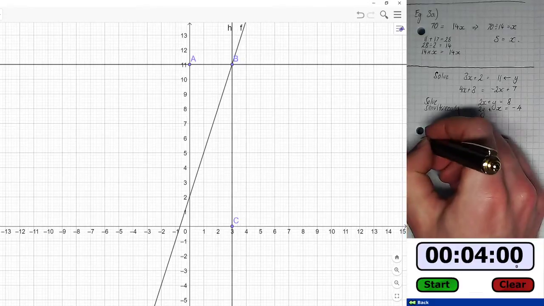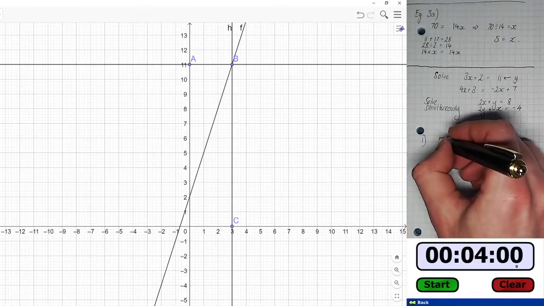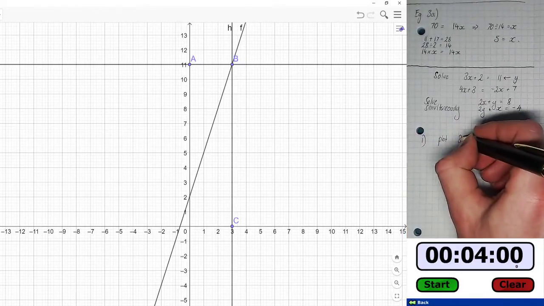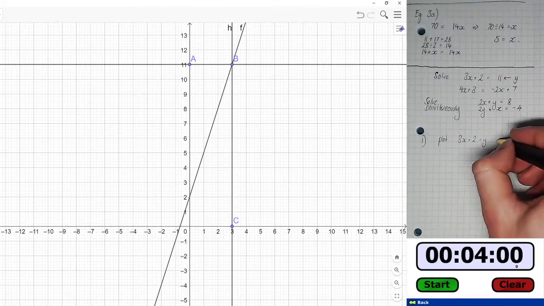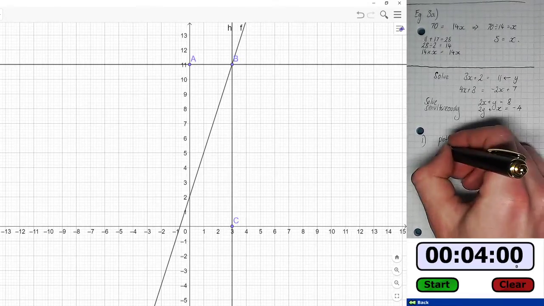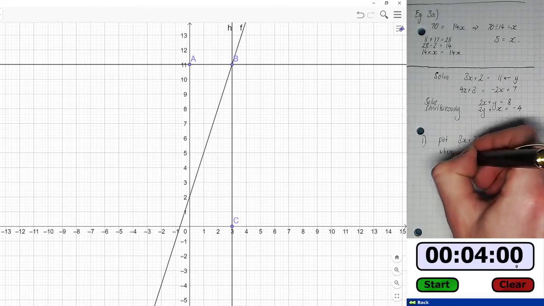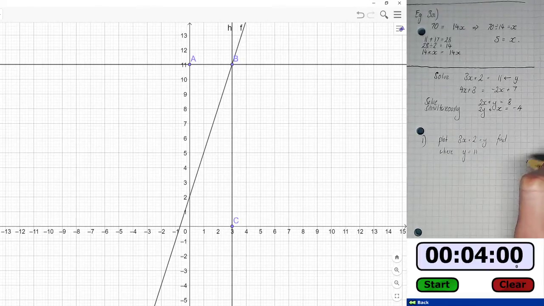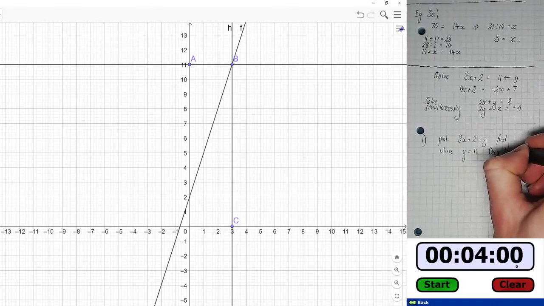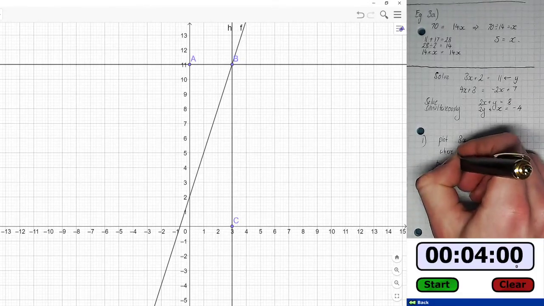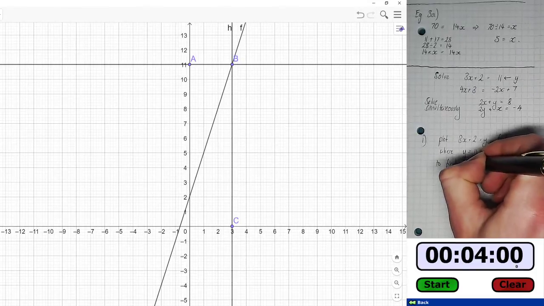So for that first one, we've needed to plot 3x plus 2 is equal to y, find where y is equal to 11, and then drop down to find the value of x.